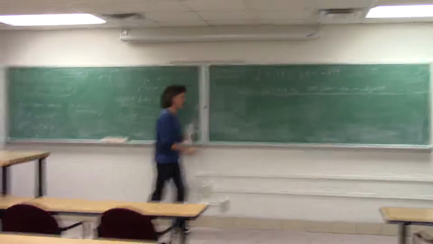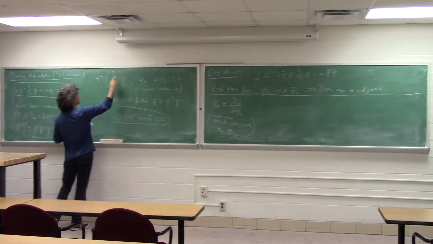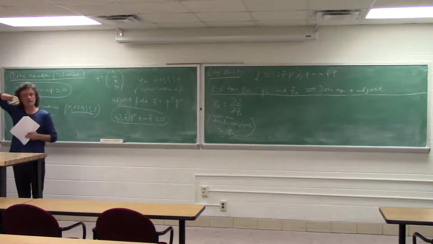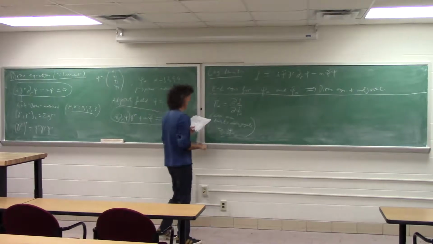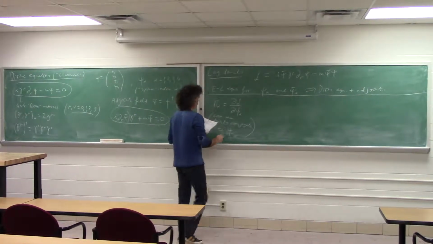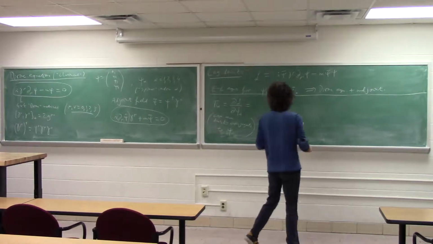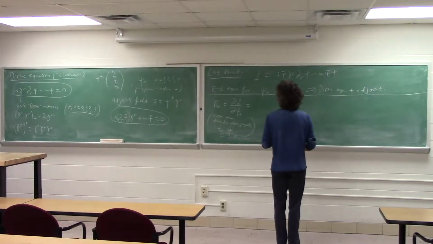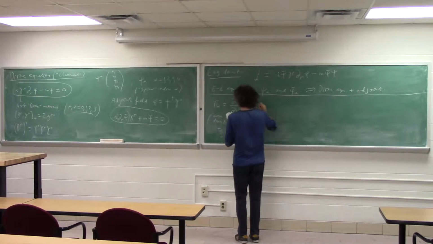So I'm taking the alpha component of the Dirac field. For instance, alpha is 2. What is the canonical momentum density conjugate to psi alpha? All right, well, if you look at this, this comes out to be equal to i psi dagger alpha.